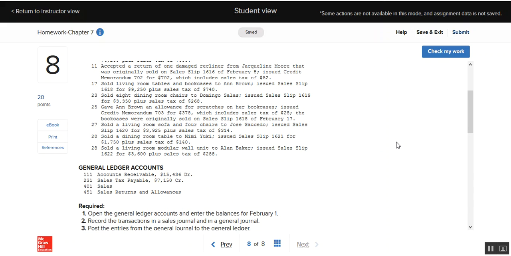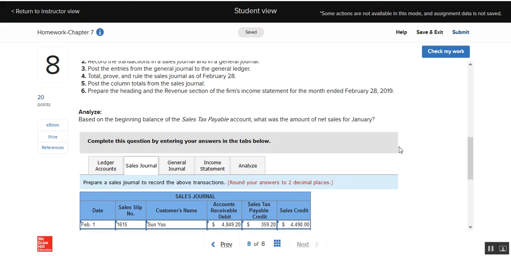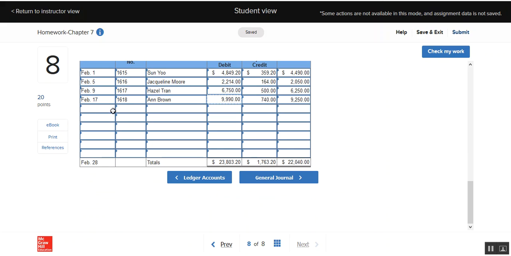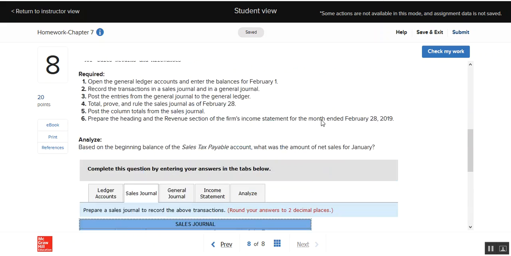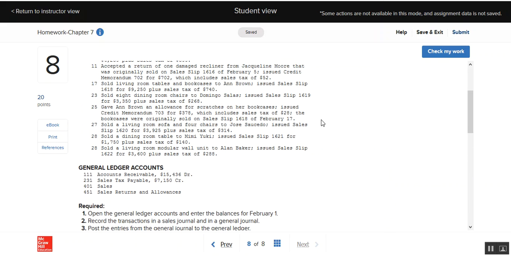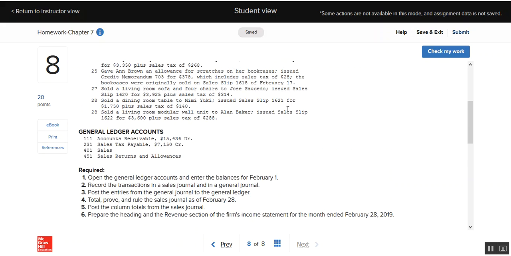Let's see, on the 23rd, we sold chairs to Domingo Salas. And let's see what that amount was. $33.50 and $268.